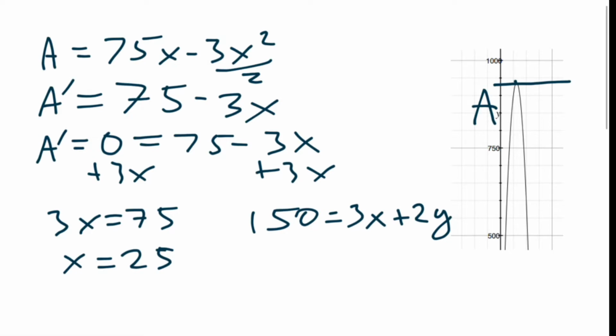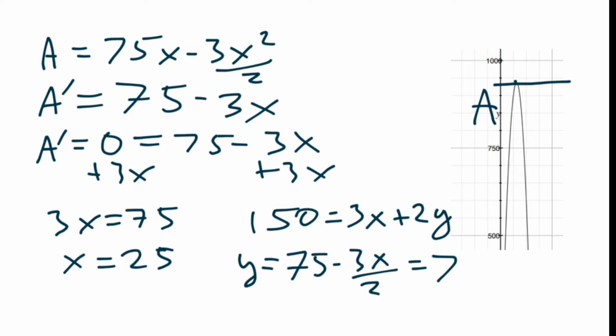So let's just do that. You'd put in 25 for the x, so you get 75 minus 75 over 2, which is 37.5.